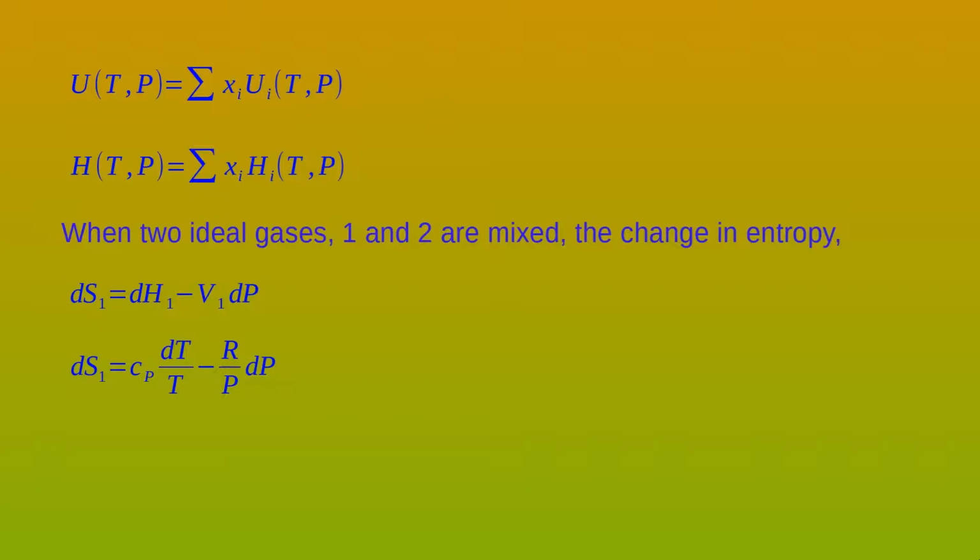So, the final mixture internal energy is going to be 500, as we can see, and it is nothing but the summation of Xi into the internal energies. Similar reasoning, like we have done for internal energy, can be done for enthalpy too.